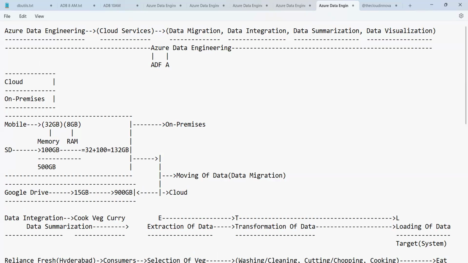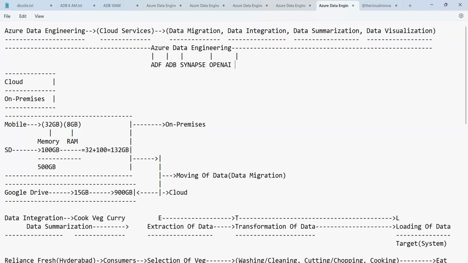Azure Databricks, ADB. And then we have Azure Data Factory, Azure Databricks. Then you have Azure Synapse. And apart from Azure Synapse, we also use Azure OpenAI.